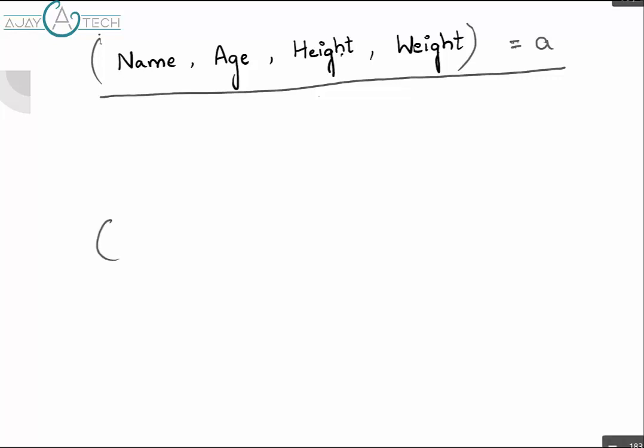So these are the values in the tuple A: John, 7 is the age, height is 3 feet, then weight is 20 kilos.